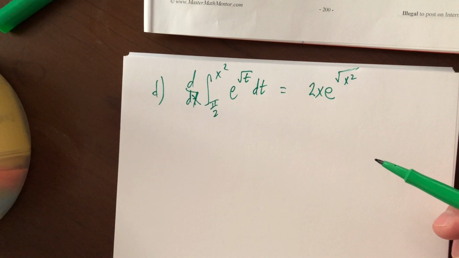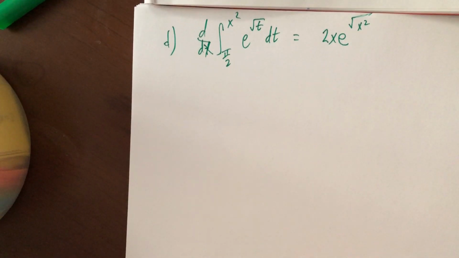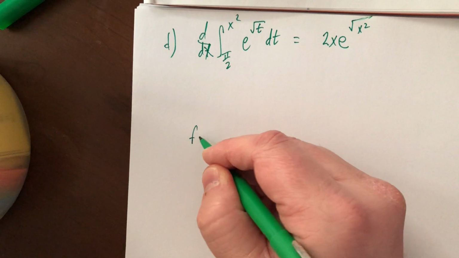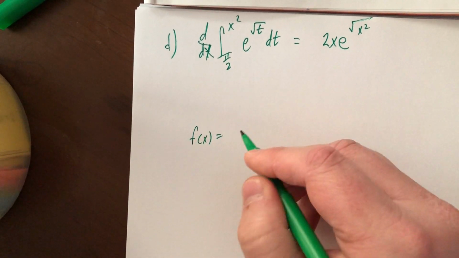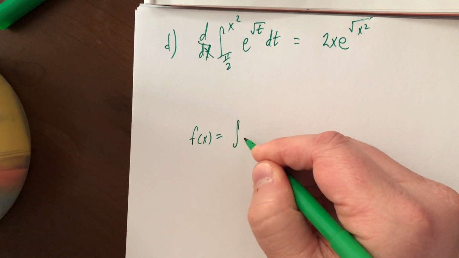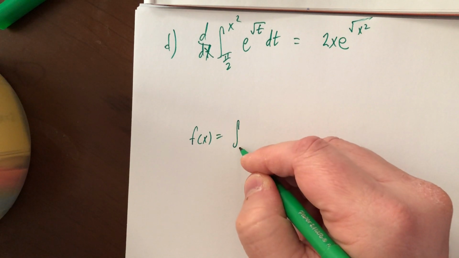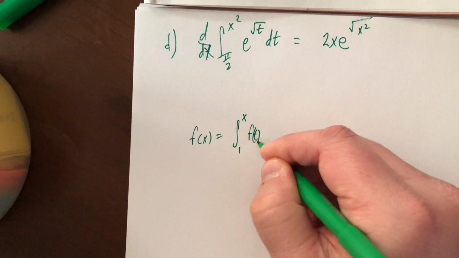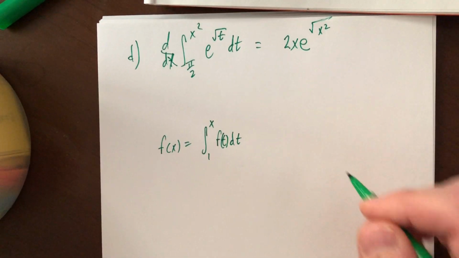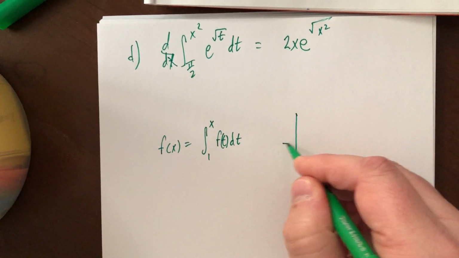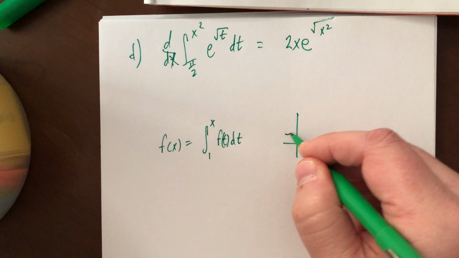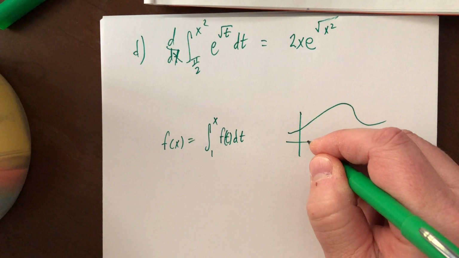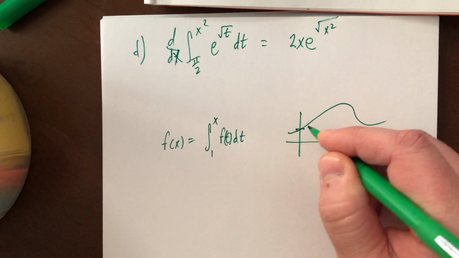Places where this shows up are AP questions where we'll see things like f of x is equal to the integral from 1 to x of f of t dt, and you'll have some kind of graph like this. So let's see.